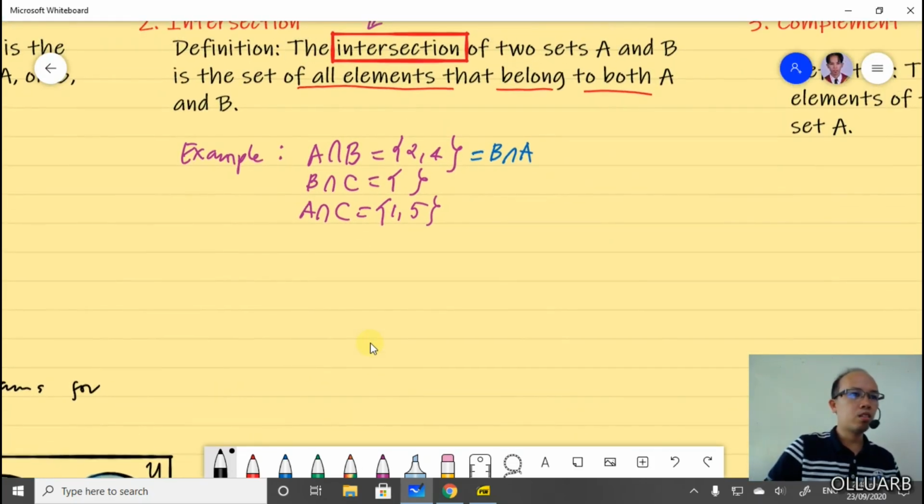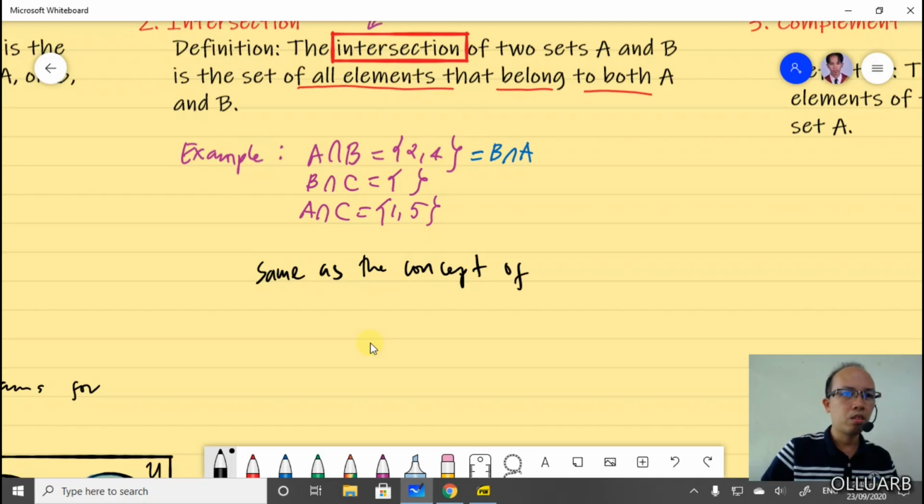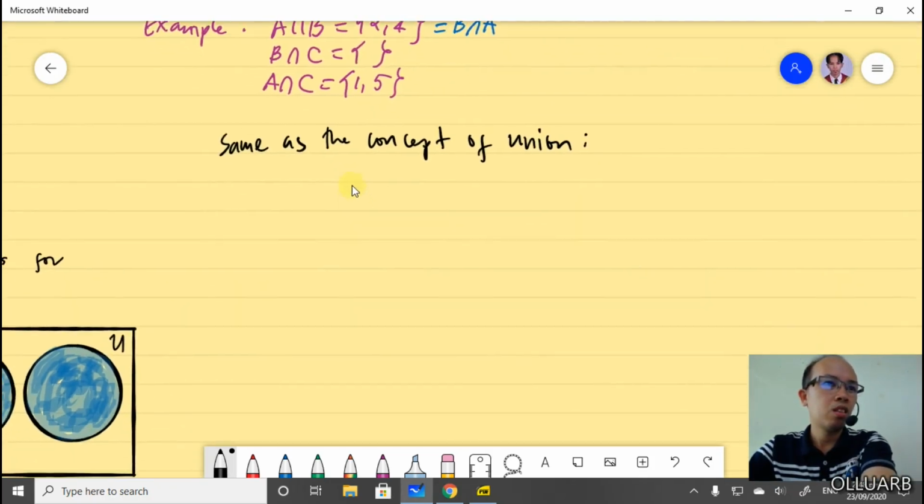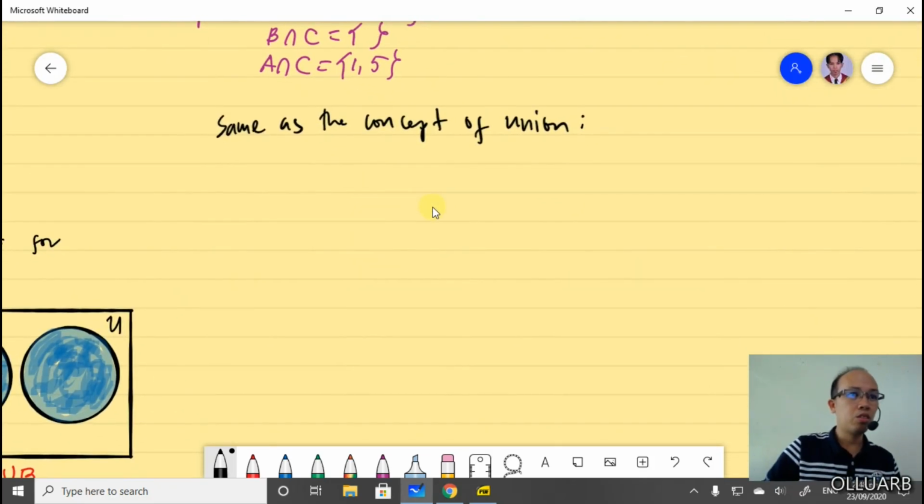Same as the concept of union, but the shaded region is different.